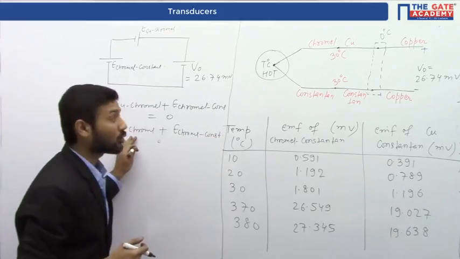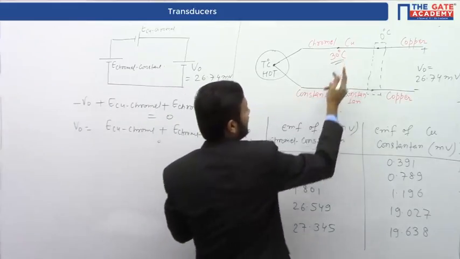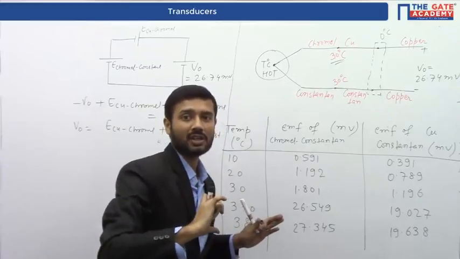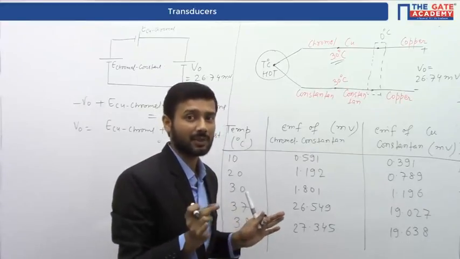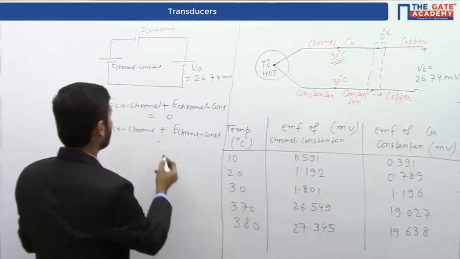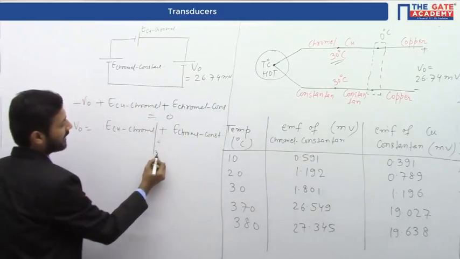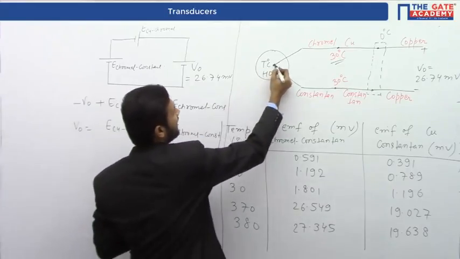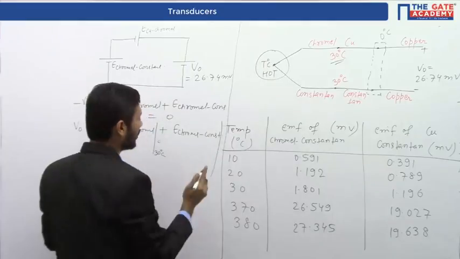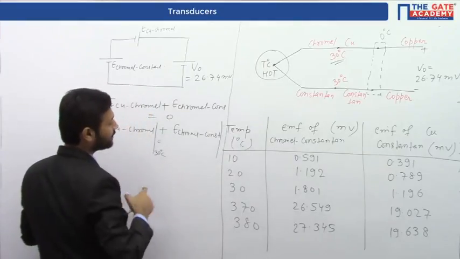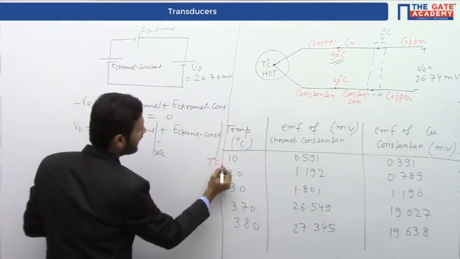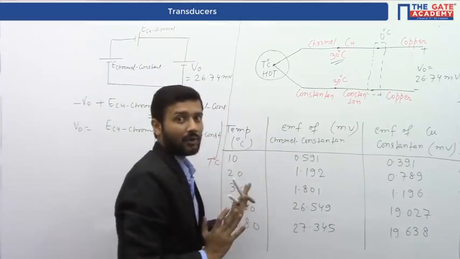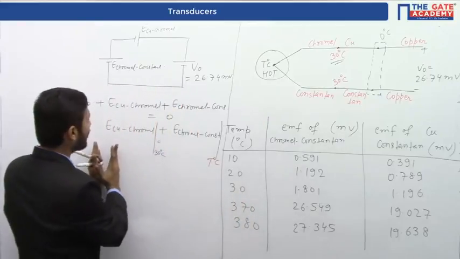So this E copper chromel is kept at 30 degrees C, as already given in the question. The cold junction is kept at 0 degrees C and the other part of the junction is kept at 30 degrees C. So this E copper chromel is at 30 degrees C and this E chromel constantan we are taking here at hot junction. So this will be at T degree C.